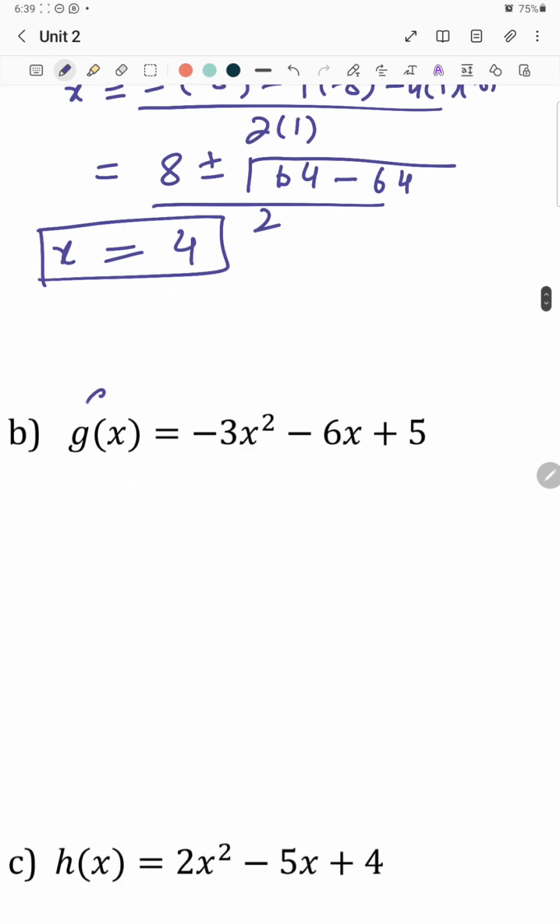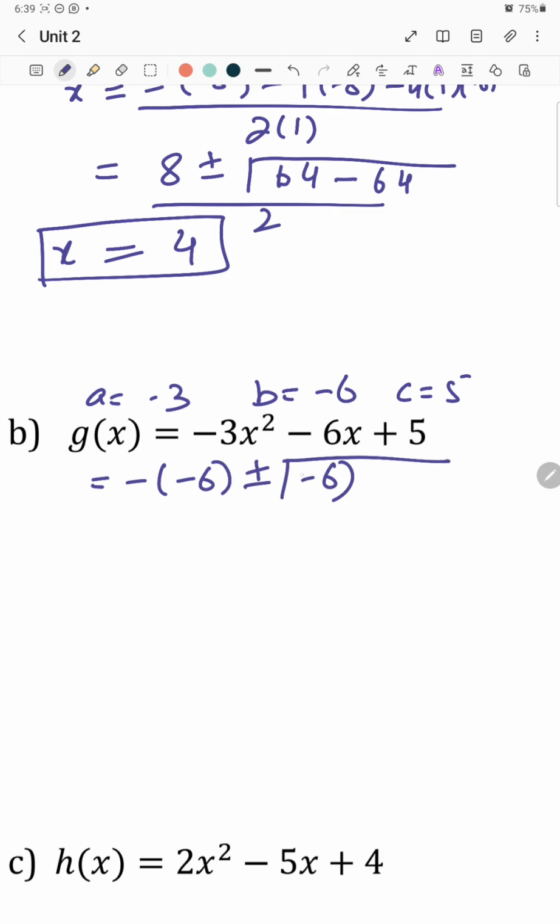Okay, so a is minus 3, b is minus 6, c is 5. So we have minus b plus minus square root b square minus 4ac over 2a.